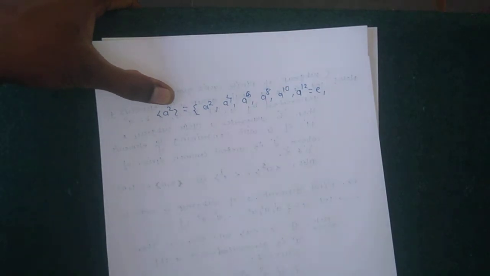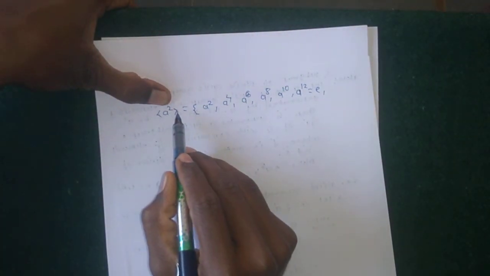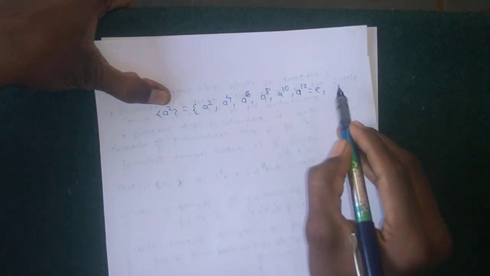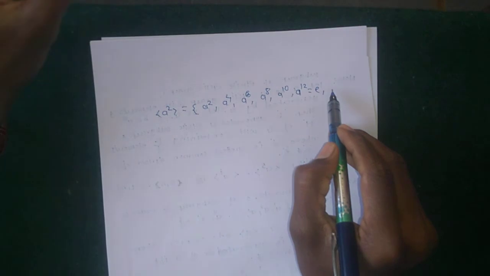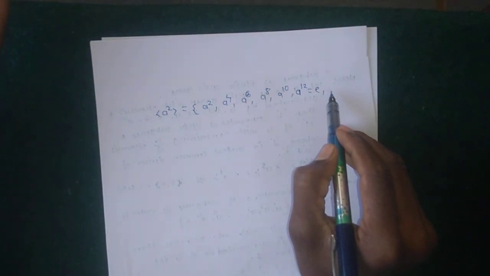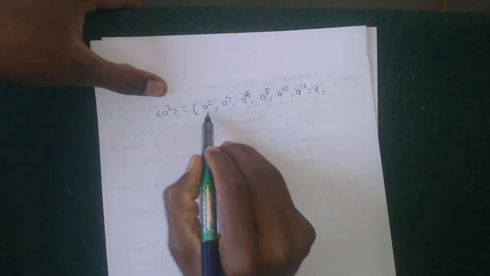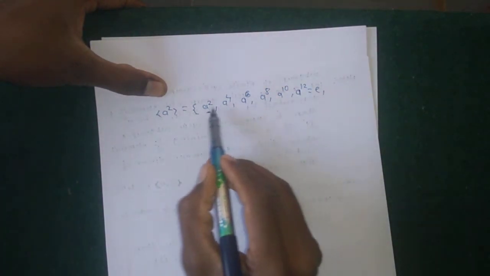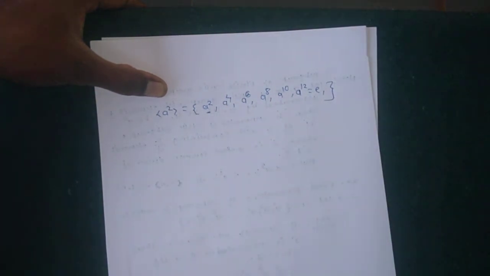For the next element, if the power is 7, then A raised to 14. But 14 is congruent to 2 modulo 12, so A square is repeated again and again. So this process stops here.